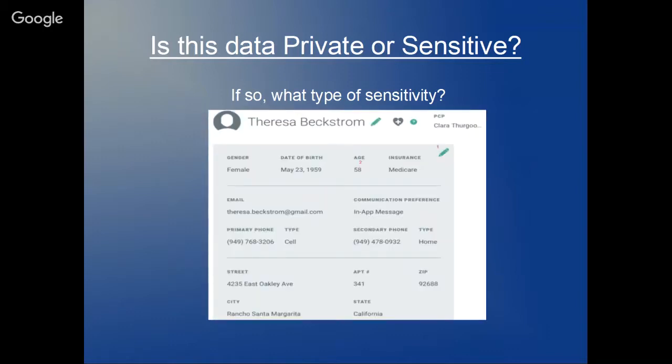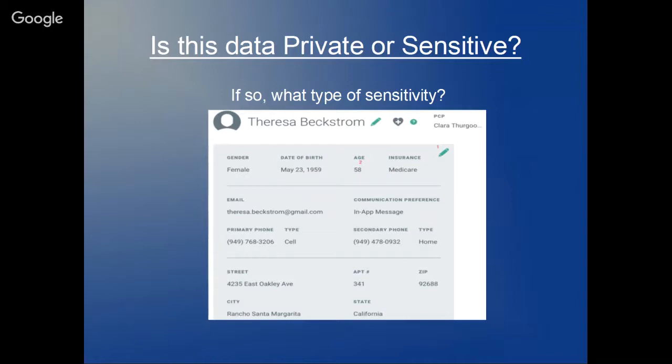Now this one might be kind of hard for you to see, but what do you see on here? We've got person's name, the gender, the date of birth, their age, their email address, their phone number, secondary phone number, their address. But this might be a screen that needs to happen because somebody needs to pull this information up, right?